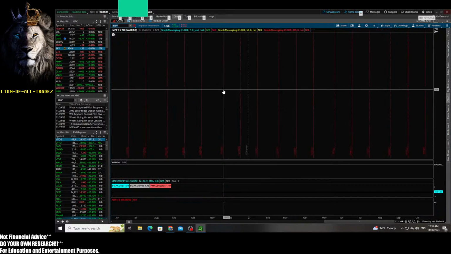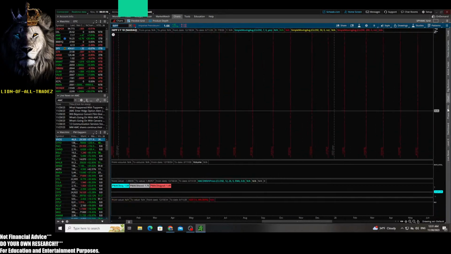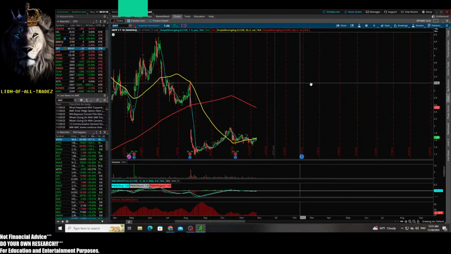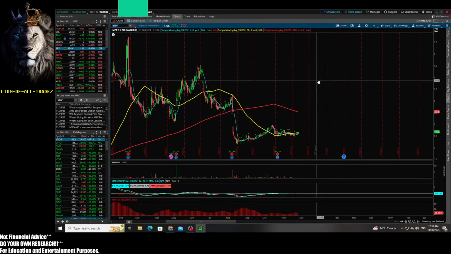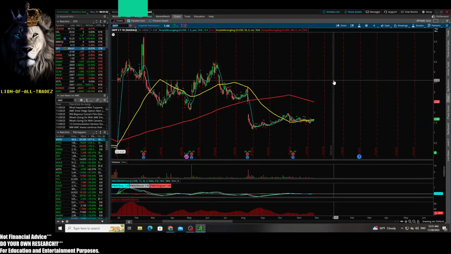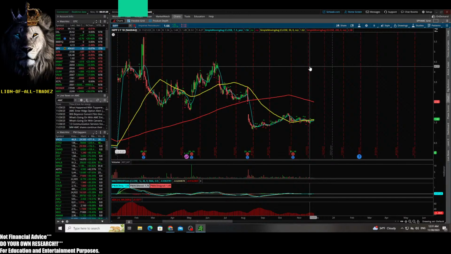And I got these specific stocks, and this is one of them right here. This one, IMPP, Imperial Petroleum, I've been looking at since last year during the springtime.